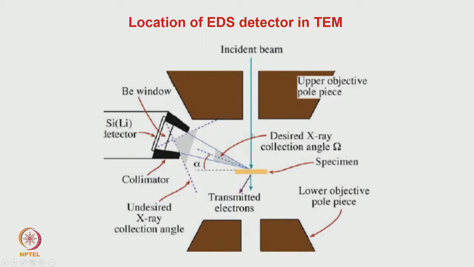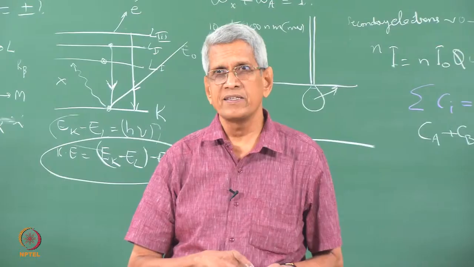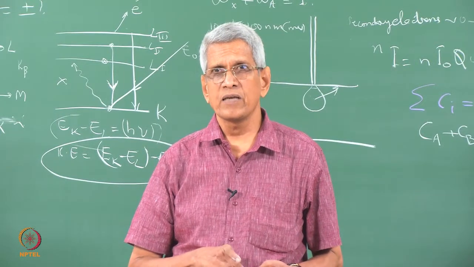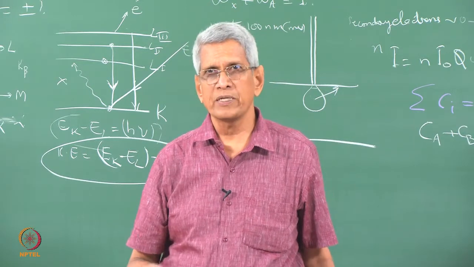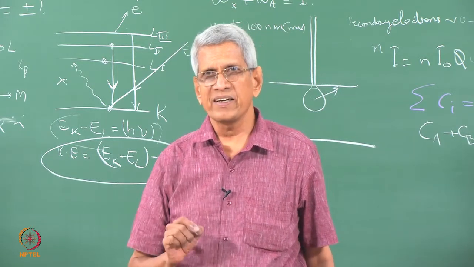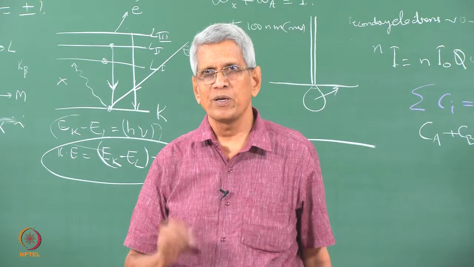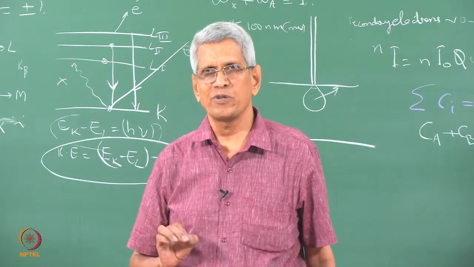This is how, and one has to be extremely careful, because finally the chemical analysis is something which we have added as one which gives more information, but the basic job of a microscope is to give the best image resolution.